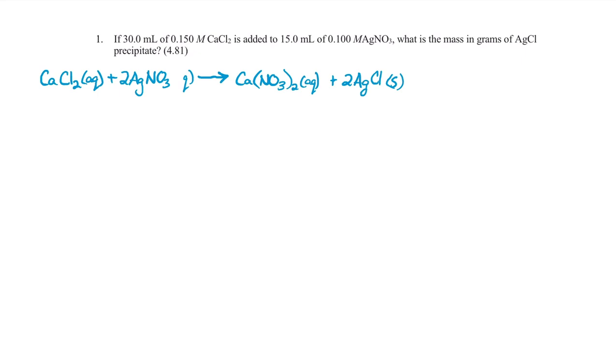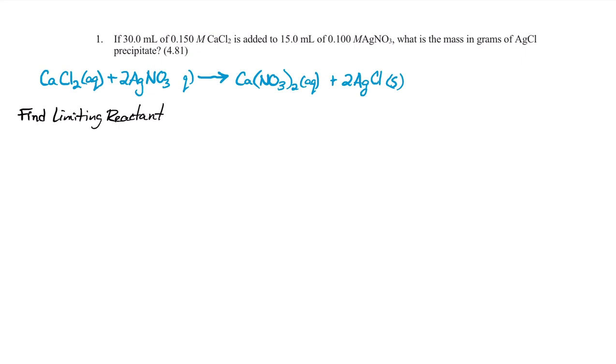My equation is calcium chloride reacts with silver nitrate to create calcium nitrate and silver chloride. We could also write a net ionic equation for this, which would be our silver ion plus our chloride ions react to produce silver chloride.